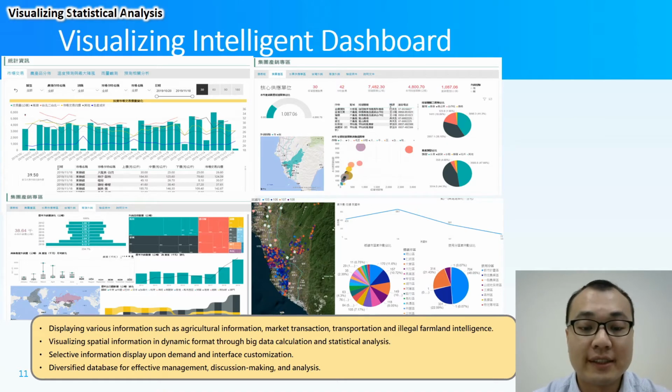We also interface with various information such as open data, market transactions, transportation, and farmland violations through statistical analysis of big data operations. It can be dynamically presented in spatial visualizations, and flexibly presented according to user needs, with a customized display interface for different users.